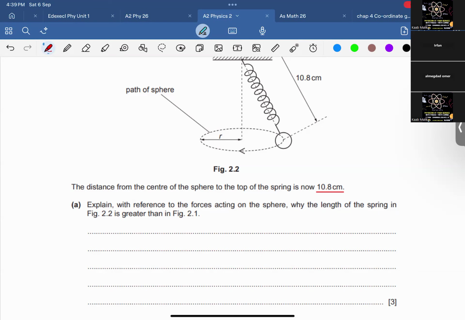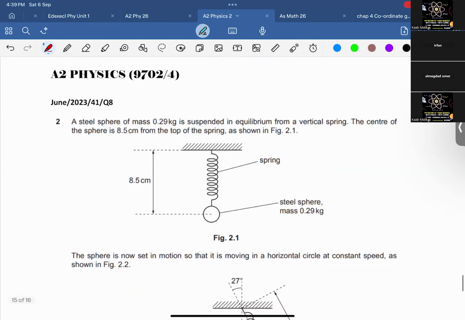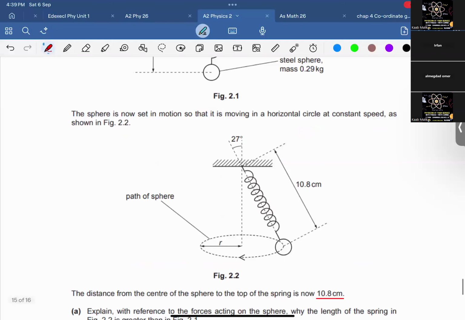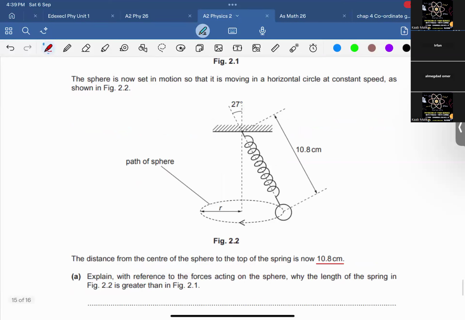No, they are asking. Previously there was 8.5 centimeters of length, and over here it is 10.8, right? So there's an extension, and extension in the spring happens when you have the tension. As it is moving, if you make two components, one component would be upward, the other horizontal, and this is the weight.